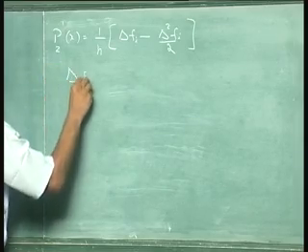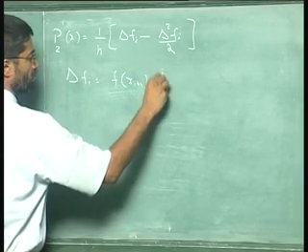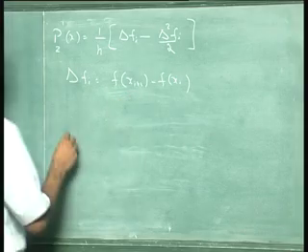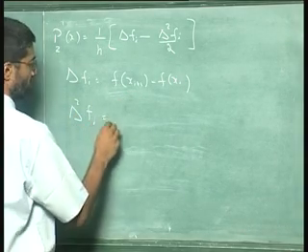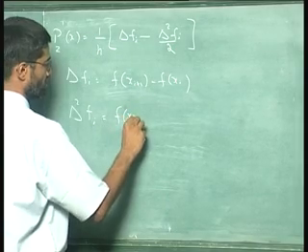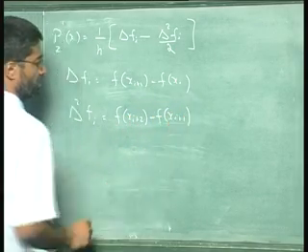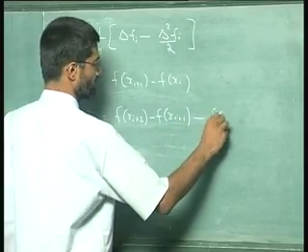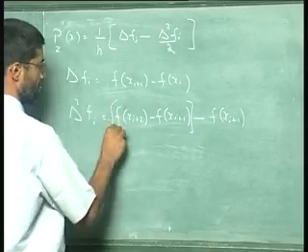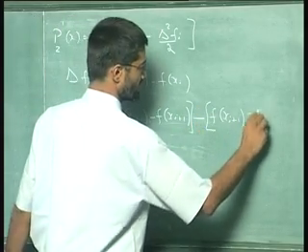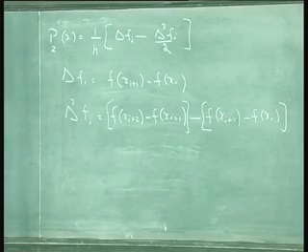We know delta fi is f of xi plus 1 minus f of xi. Now del 2 fi, at i, would be f of xi plus 2 minus f of xi plus 1, minus f of xi plus 1. There is one term, and this is the difference of the difference, that is f of xi. That is what I would get.